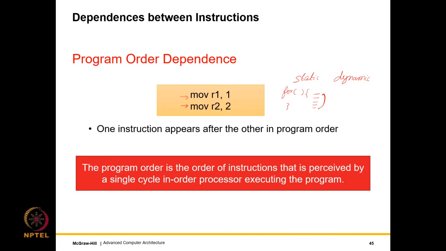So how do we detect a loop in hardware? Well, it is simple. Any jump with a negative offset, well, not always, but most of the time, points to a loop, because we go back and start executing again. It's a loop. So if you see here, there are 5 static instructions. But if the loop has 100 iterations, it is 500 dynamic instructions.